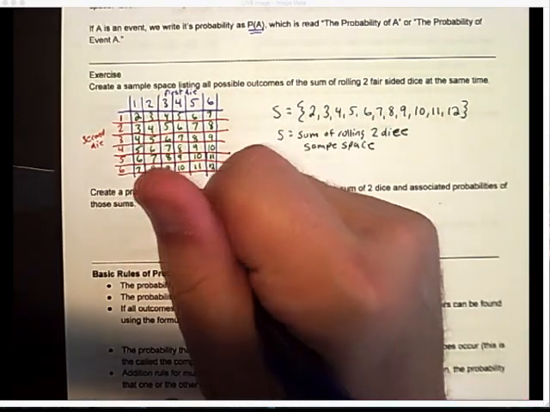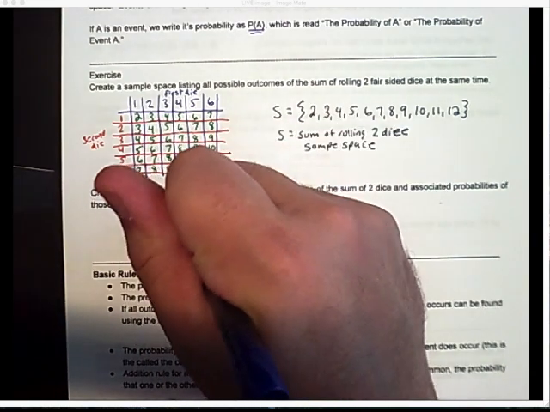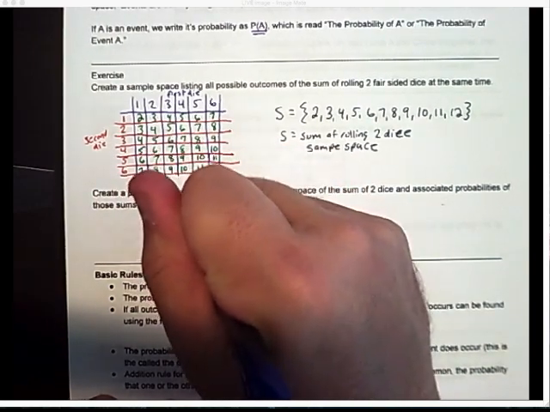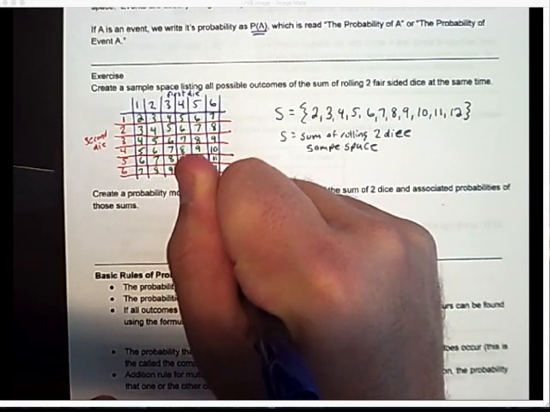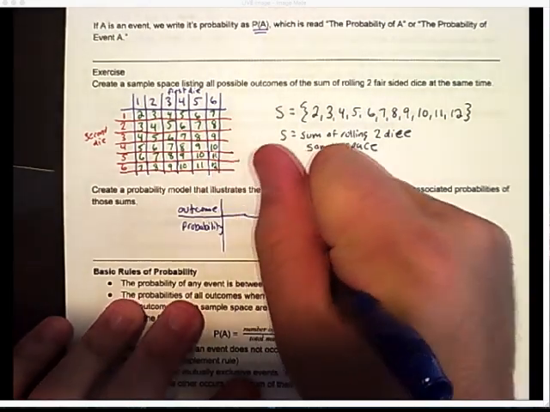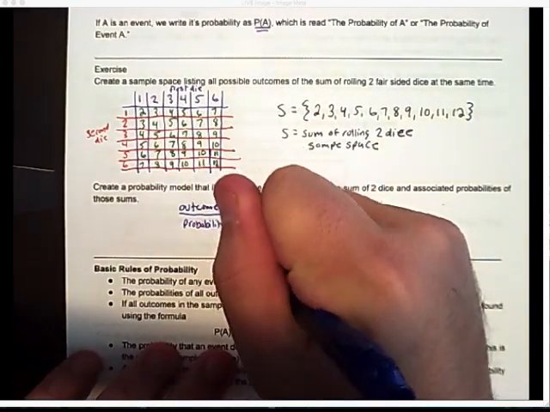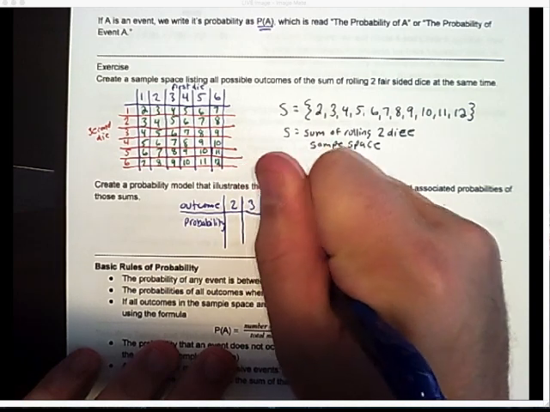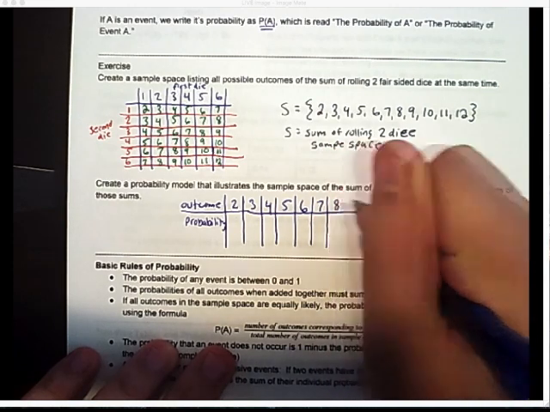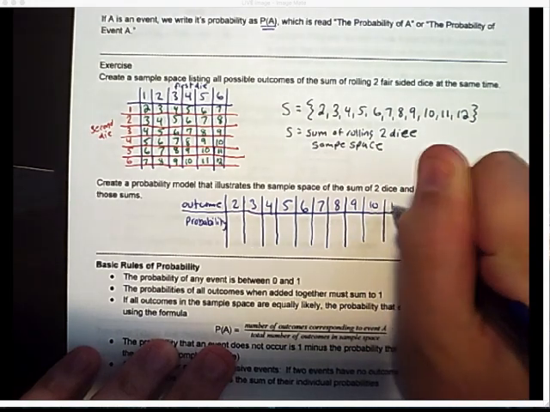So in a probability model, we have outcomes, and then we have the probability of those outcomes or those events. All right. So the outcomes in your probability model, you have to put everything that's in the sample space. So the possible outcomes when rolling 2 dice, the sum would be 2, 3, 4, 5, 6, 7, 8, 9, 10, 11, and 12.